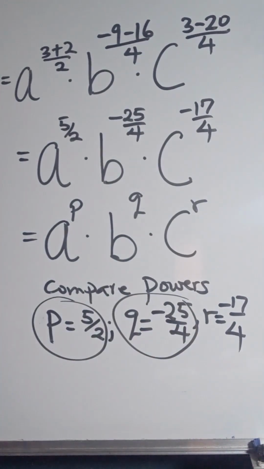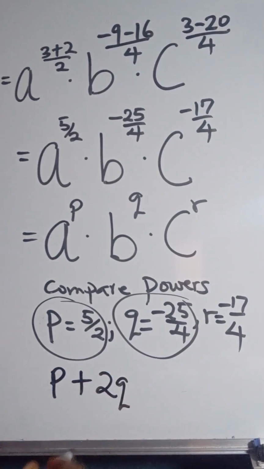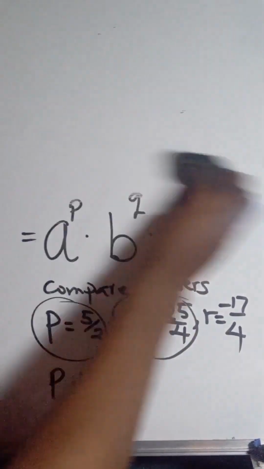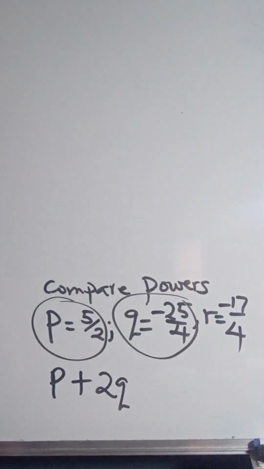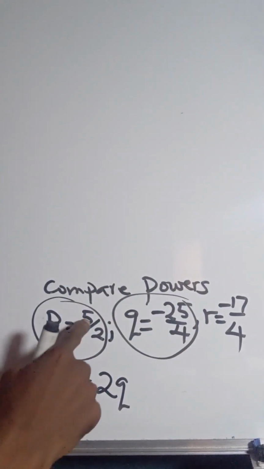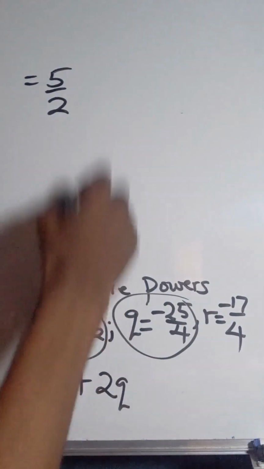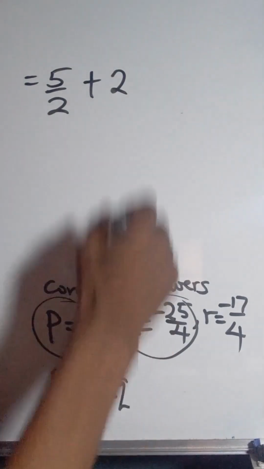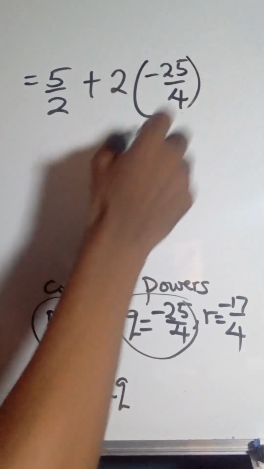So to solve for p plus 2q, which is what the question demands, we are simply going to substitute. My p is 5 over 2 plus 2 multiplied by minus 25 over 4.